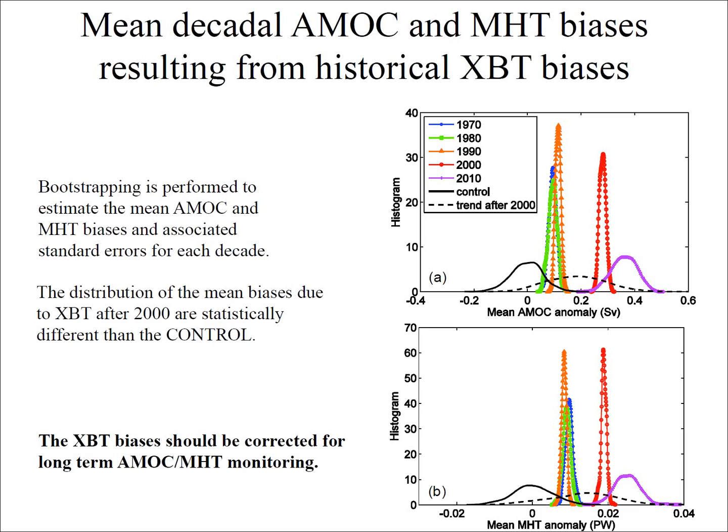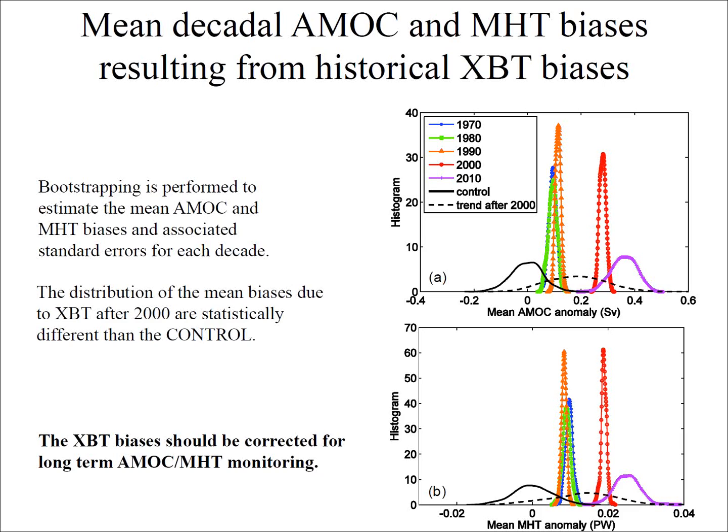But when you go to 2000, 2010, where we have the highest rate of the biases, we see that they don't overlap the control time series with the bias estimated for these two. So these are probably statistically significant in comparison to the mean AMOC. And this is the bias estimated by SODA after 2000.